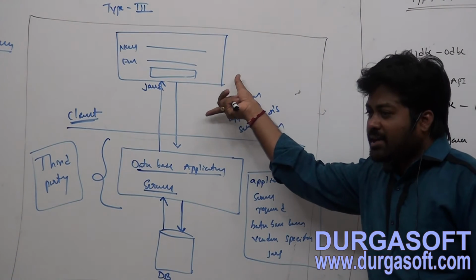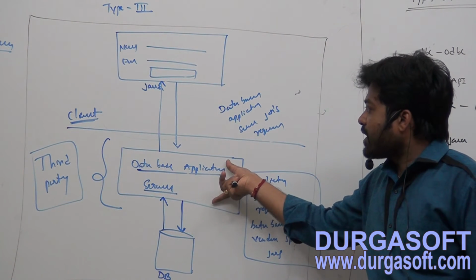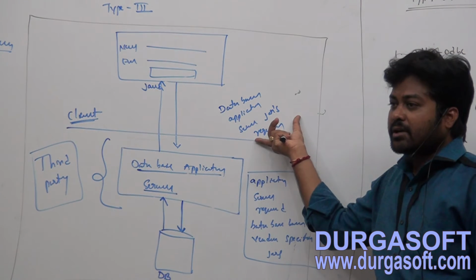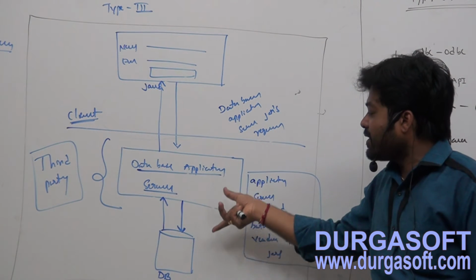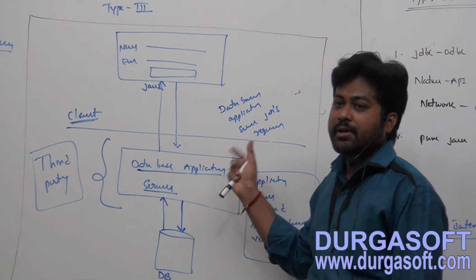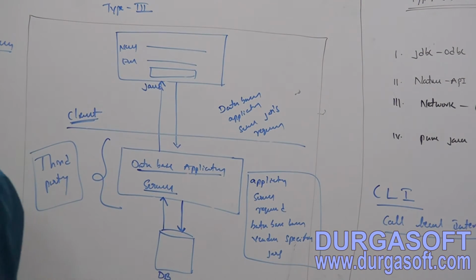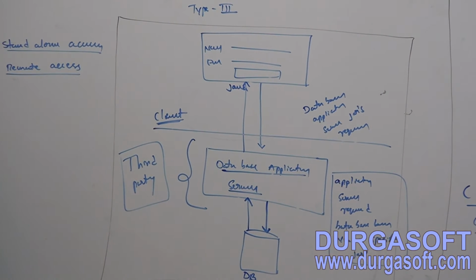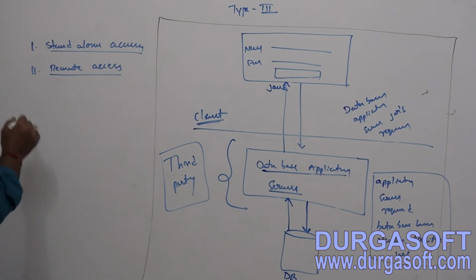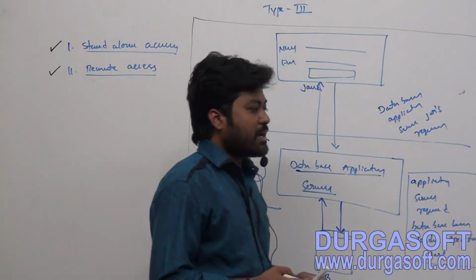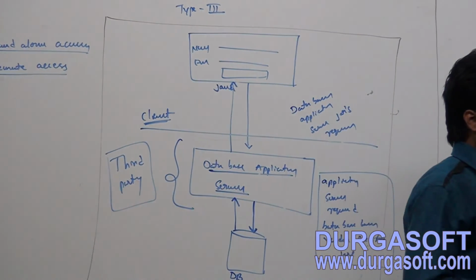So from your client application to access this database application server, we require the application server jar files here. And this database application server, if it wants to talk with the database, requires your database libraries here. Okay. So here we have a dependency on the database application server, and you can use it for standalone and remote access also.